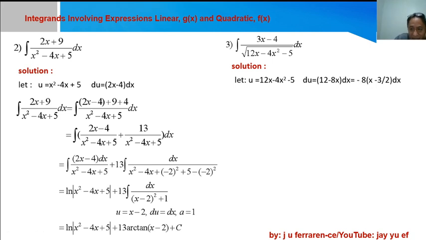So, 12 divided by minus 8, so you have minus 3 halves.